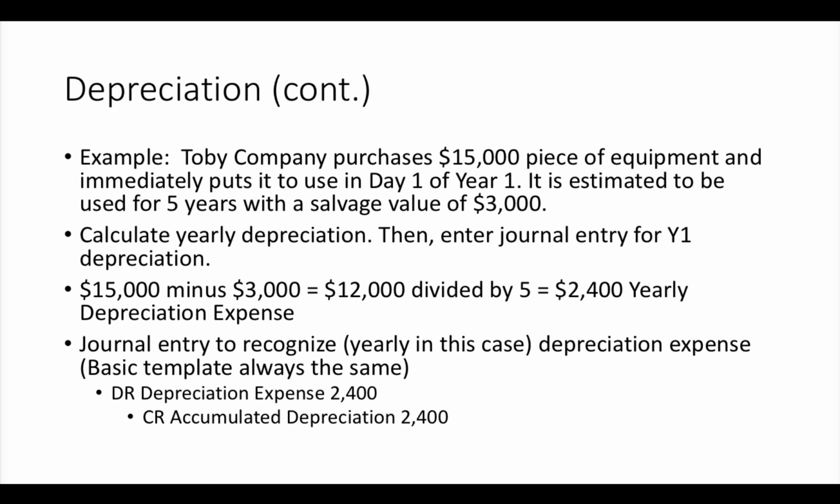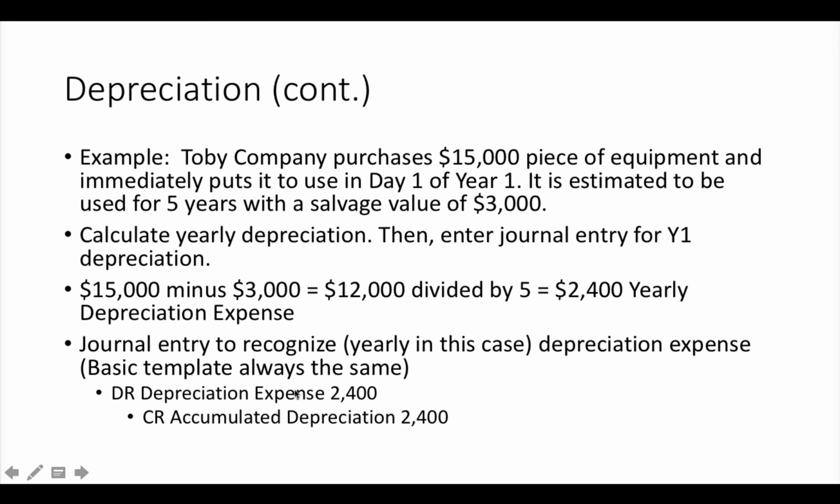So if you only had it for half the year, you would only recognize half a year's worth of depreciation expense. And then obviously 4 full years, and then the last year that you used the asset would be another half-year depreciation expense.